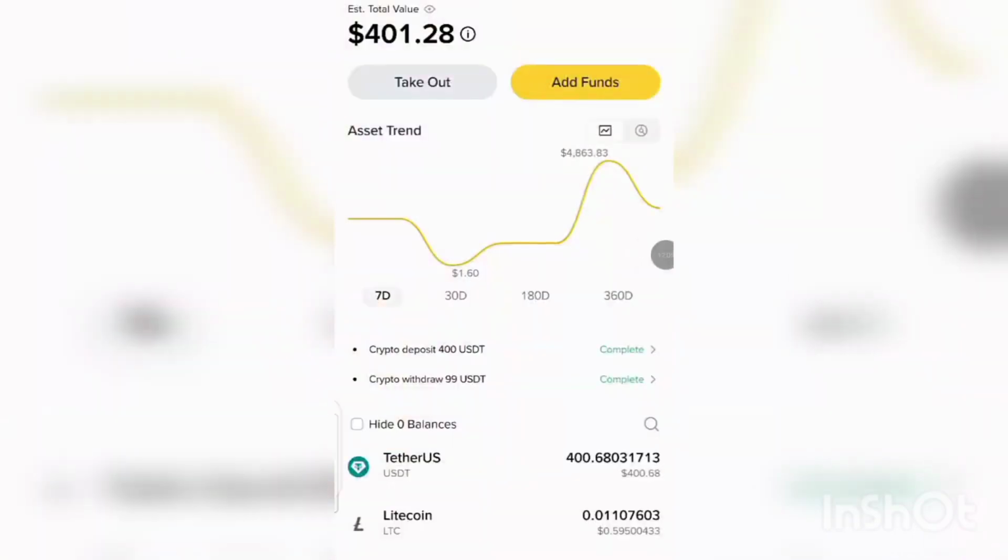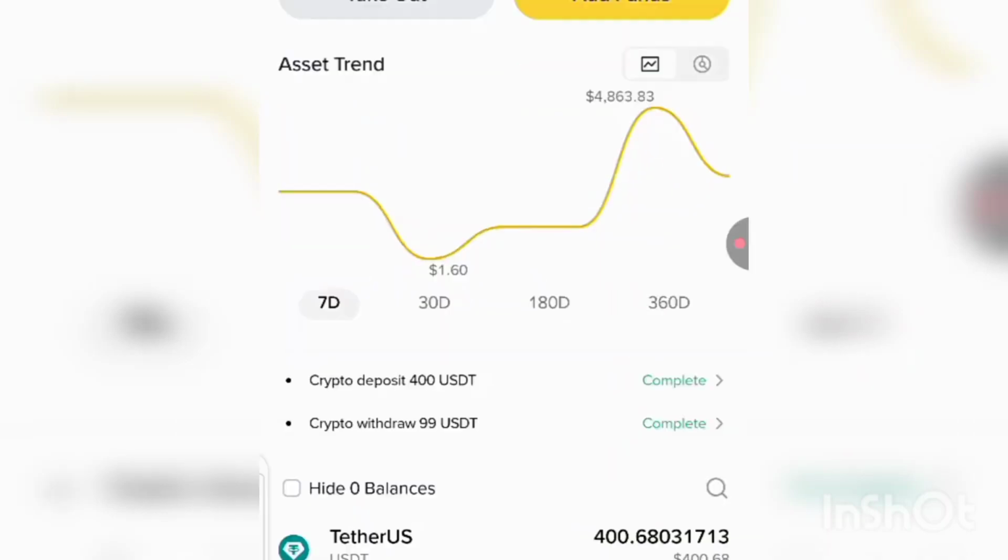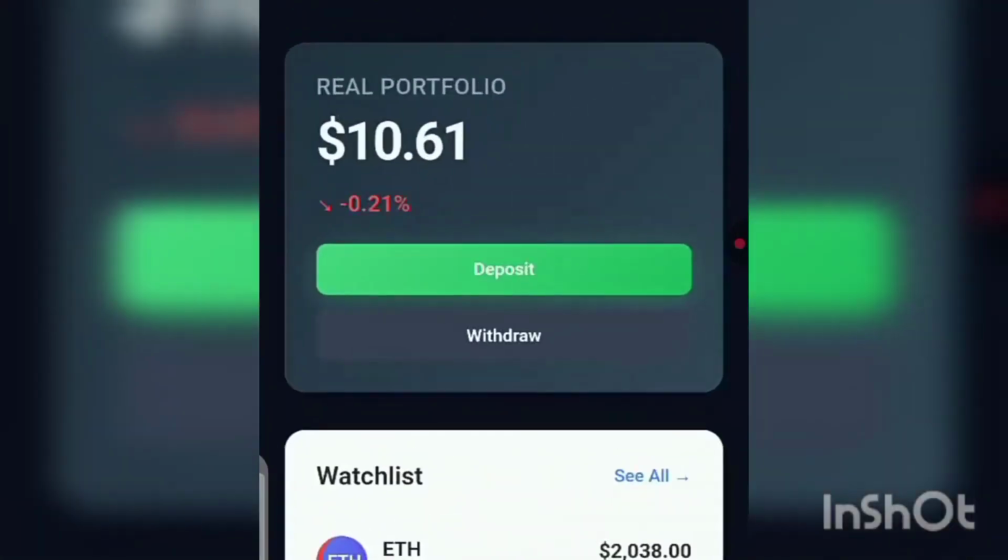So the bot, once you are done trading, they will take 1 USD and give you the rest. We withdrew 401 and they gave us 400. So you can see how profitable this bot is.